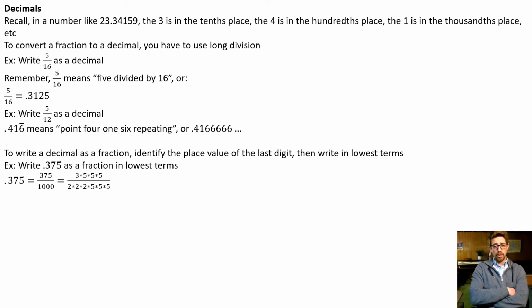Okay, so we have 3 factors of 5 in the numerator and 3 factors of 5 in the denominator, right? So we can get rid of them all. And that's all the common factors we have. Then it's just 3 over 2 times 2 times 2, which is 3/8. So there you go. Once again, pretty easy to check. Just do 3 divided by 8 on your calculator, and you will get 0.375.